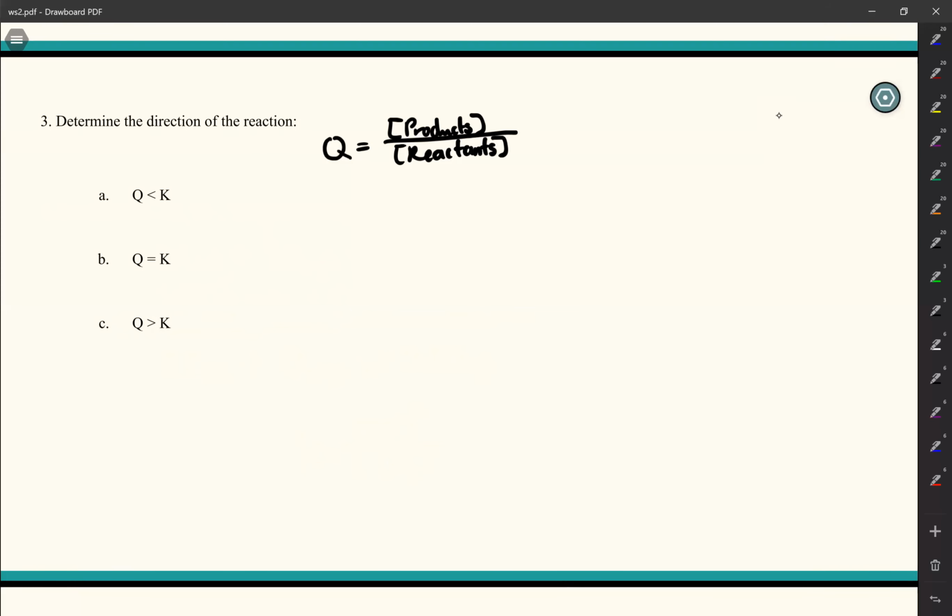So we're looking at how the ratio is different in Q versus in K. So here, if Q equals K, then the ratio is the same. If the ratio is the same as equilibrium, then there is no reason for the reaction to progress in any direction. So for B, we could put no shift.